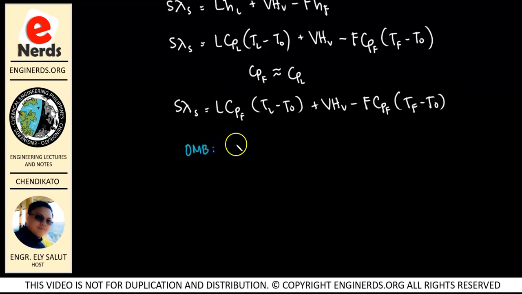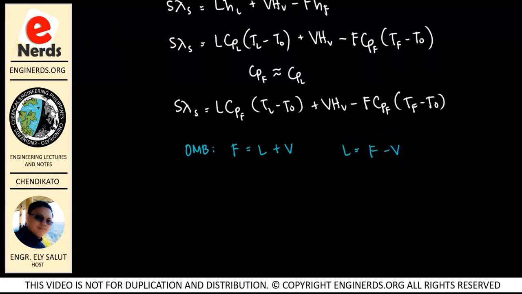So, we have overall material balance, which is F is equal to L plus V, no? So, I'm going to express our liquor as a function of our vapor and feed. So, I will have L is equal to F minus V, no?